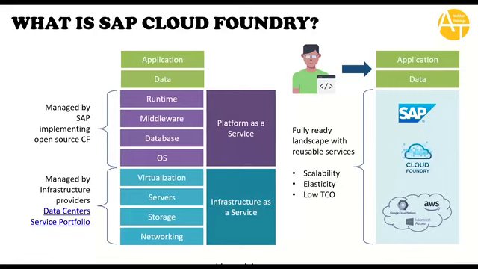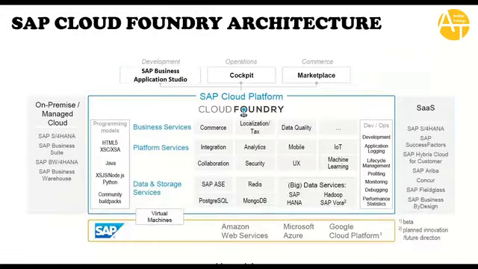Then they added their own flavors and own services on top, which allowed SAP to quickly enable their customers and partners to onboard on their platform for building applications. That is the main benefit SAP got, a quick start by adopting Cloud Foundry. This is the architecture we saw in the previous session also, where you get a lot of free runtimes from Cloud Foundry plus some runtimes SAP adds like XSA.